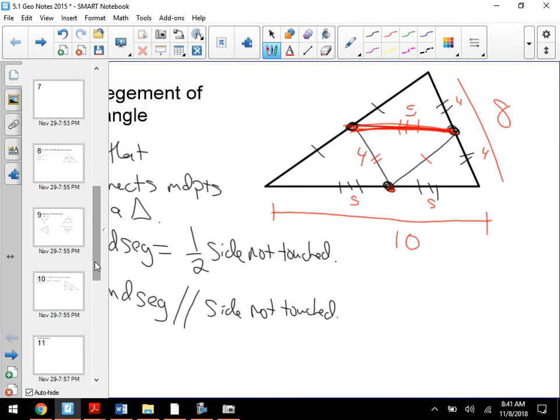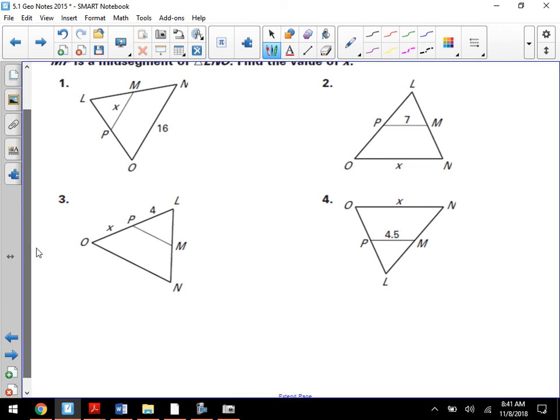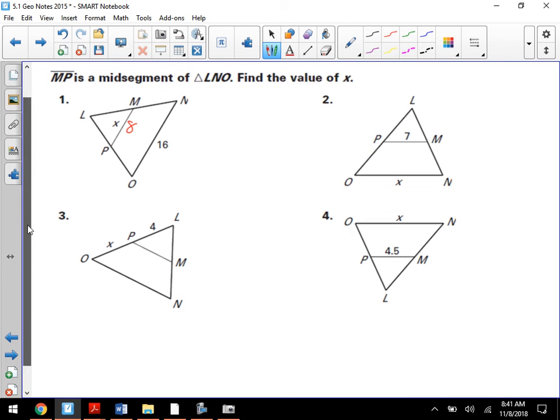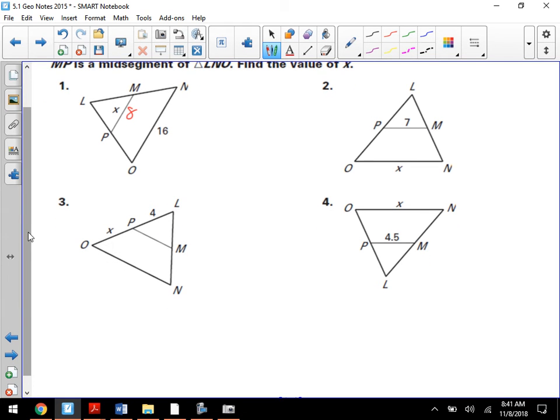So you can do this. Now, let's not write all this out because we don't have all the time in the world. If MP is a mid-segment and this side is 16, what's the mid-segment? If this is a mid-segment and that side's 4, how much is that side? 4, because this is a midpoint.